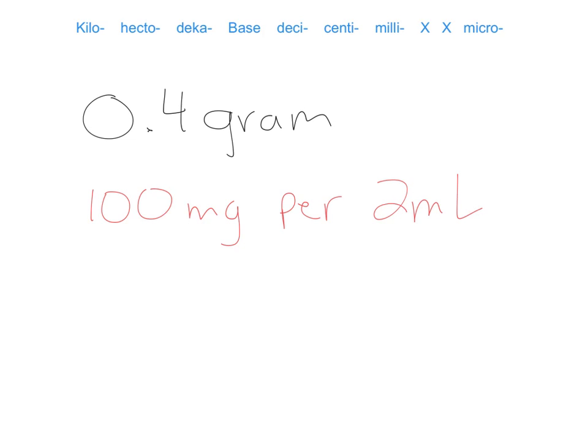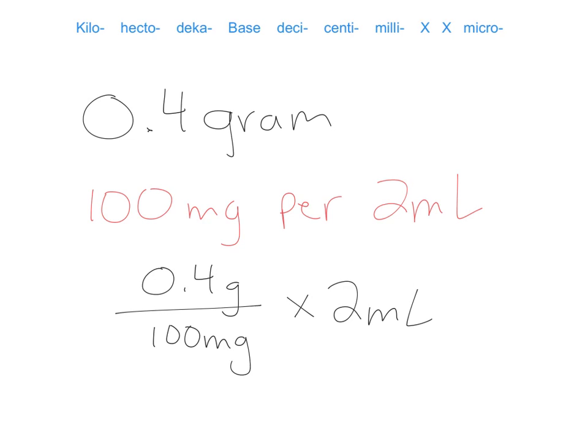Another thing we want to pay attention to is that quantity, because in this particular example, that quantity is going to change. So in filling out D over H times Q, what I have is 0.4 grams. My H is 100 milligrams, and my Q is 2 milliliters.